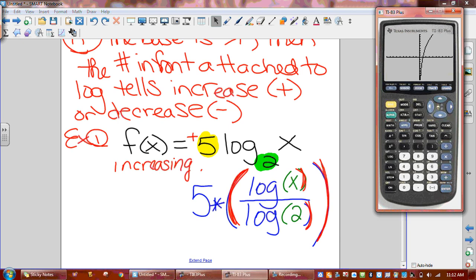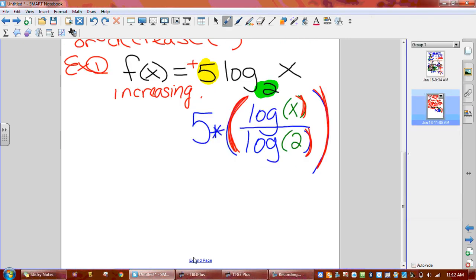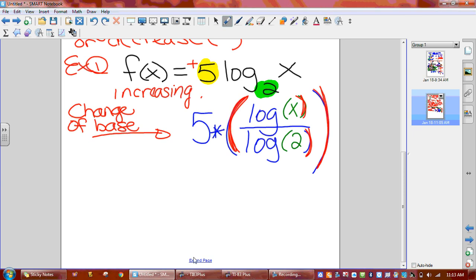So what kind of function do we have? Increasing function. Good. So we're proving we've got an increasing function. Now this is called the change of base, how you have to put it in the calculator. If you don't have the log base in your calculator and you need to solve something, you do it by change of base.